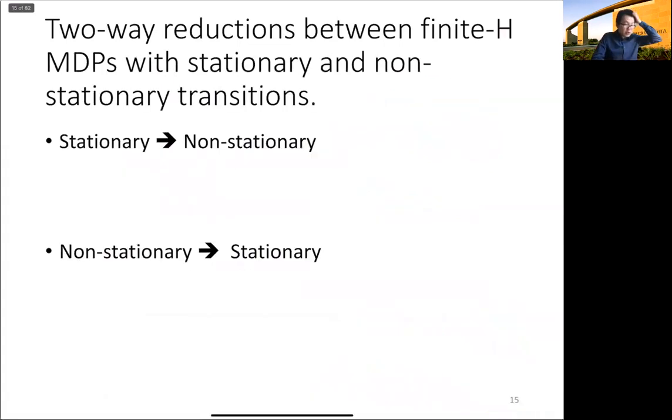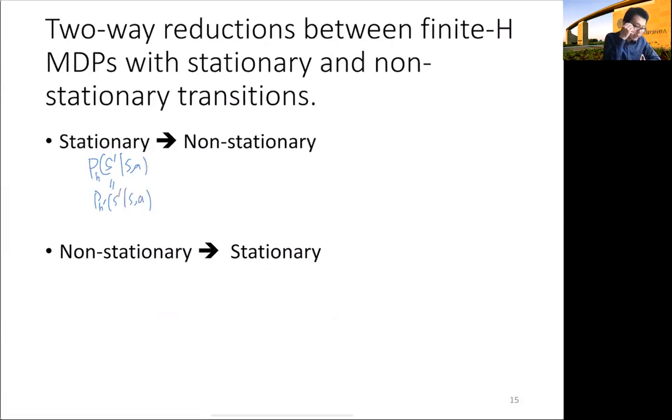There's also a two-way reduction between finite horizon MDPs with stationary transitions and non-stationary transitions. Here's how it works. Going from stationary to non-stationary transition is quite straightforward. Stationary transition has the same state transition that's time invariant, so P_h(s'|s,a) equals P_h'(s'|s,a).